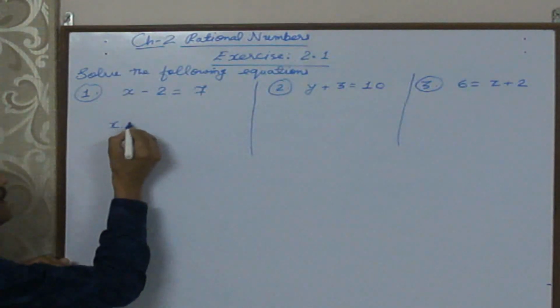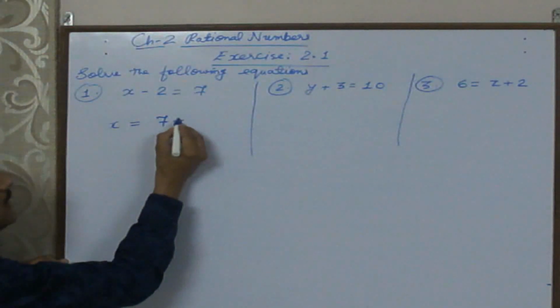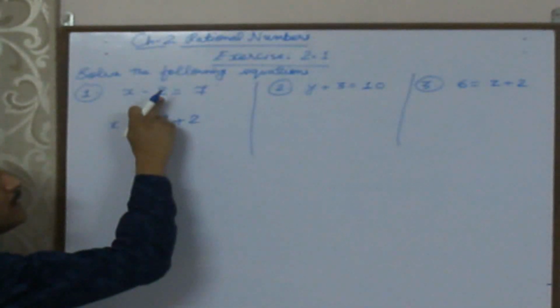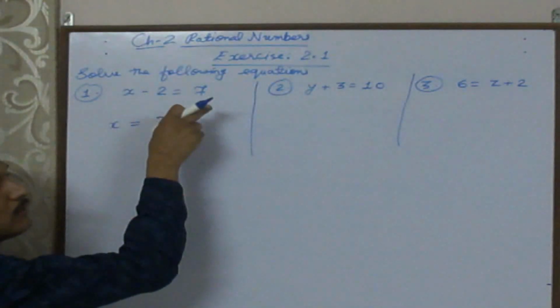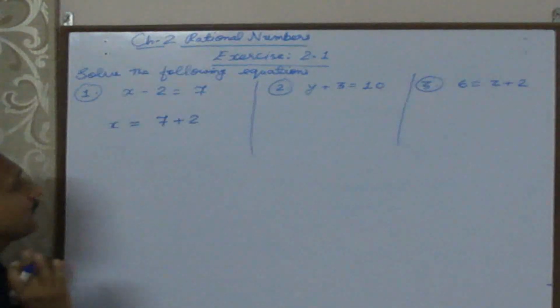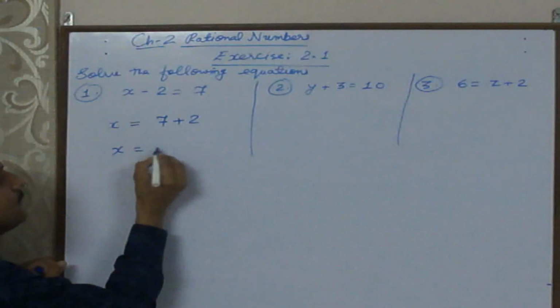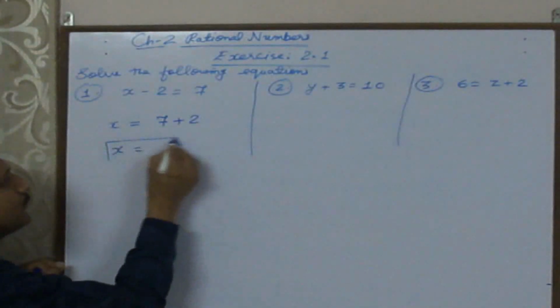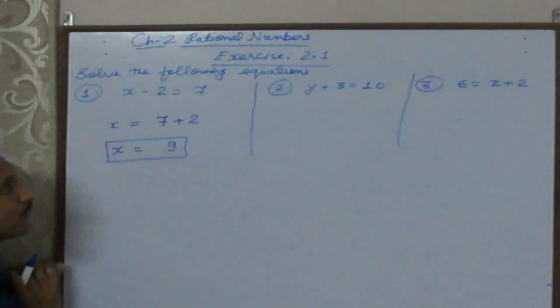So x equals 7 plus 2. It will change the sign because we are transposing minus 2. Minus 2 will go on the right hand side and becomes plus. So x equals 7 plus 2, 9. So this is the solution of the first equation.